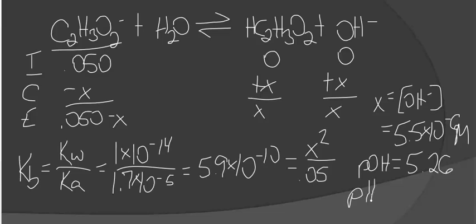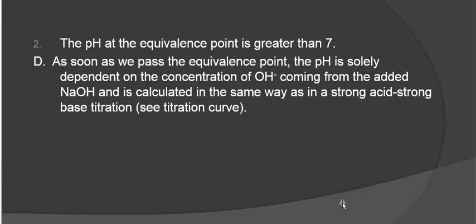The pH is 8.74. So this is a basic solution. So the pH at the equivalence point is greater than 7. As soon as we pass the equivalence point, the pH is solely dependent on the concentration of OH coming from the strong base, NaOH.